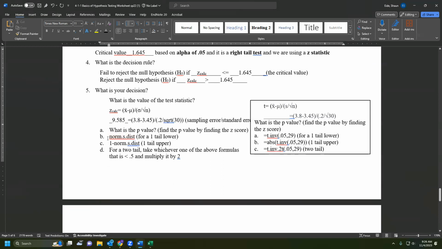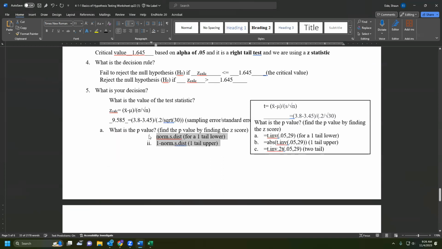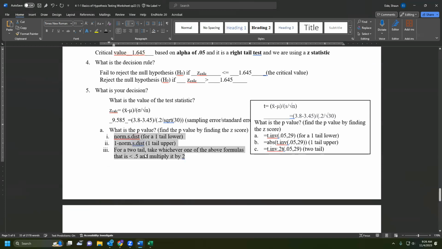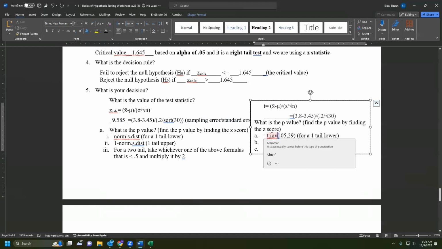There are three different ways to calculate the p-value. You're either going to do it for a one-tailed test, one tail lower, one tail upper, or for a two-tail test. Same thing over here: one tail upper, one tail lower, two-tail test. Except this should not be, this should be t dot dist.